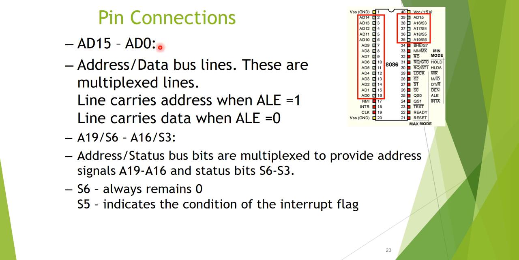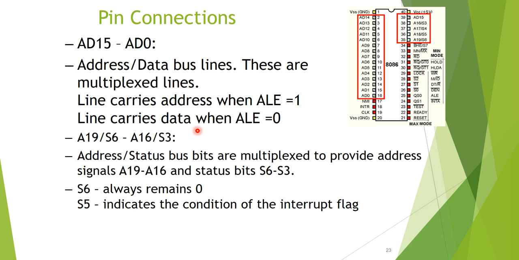So we have the multiplexed bus, that is AD0 to AD15. When the ALE signal is 1, these lines are used to carry the address, and when the ALE signal is 0, then these lines are used to carry the data.